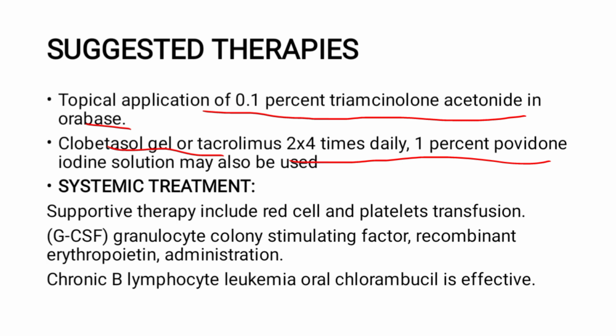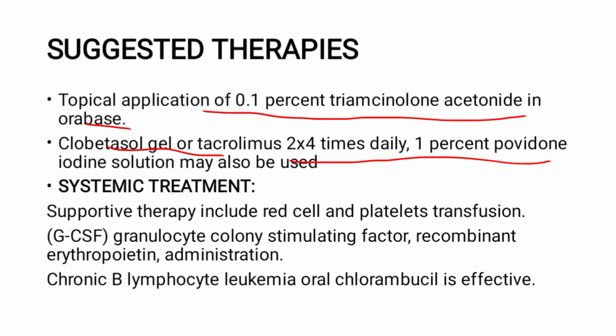Now basically before we discussed general treatment, that you give oral hygiene instruction, chlorhexidine mouthwash. Now they come to topical, in which you give triamcinolone acetonide, and then clobetasol gel or tacrolimus, and 1% povidone.